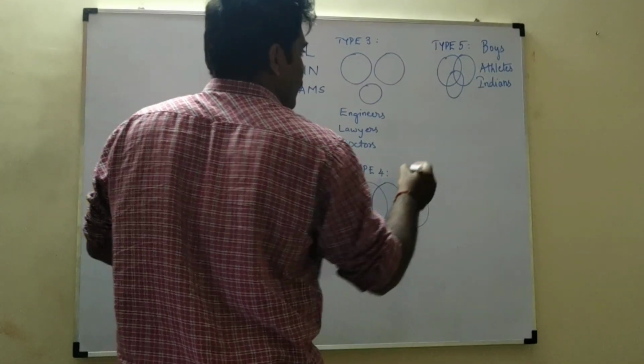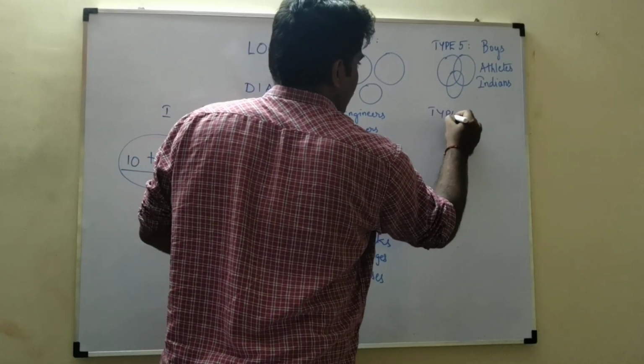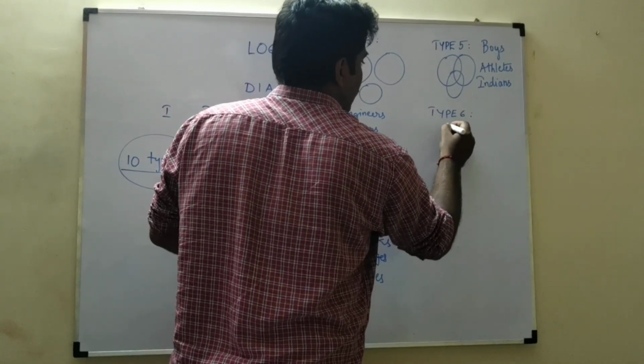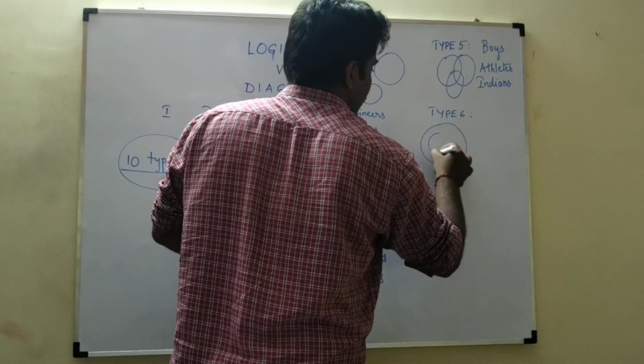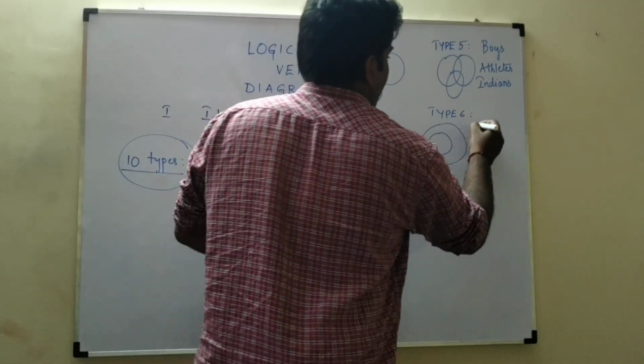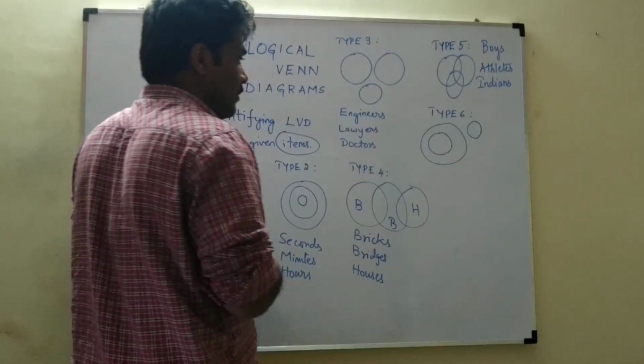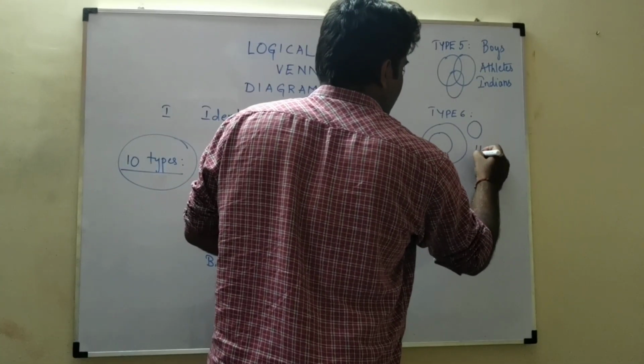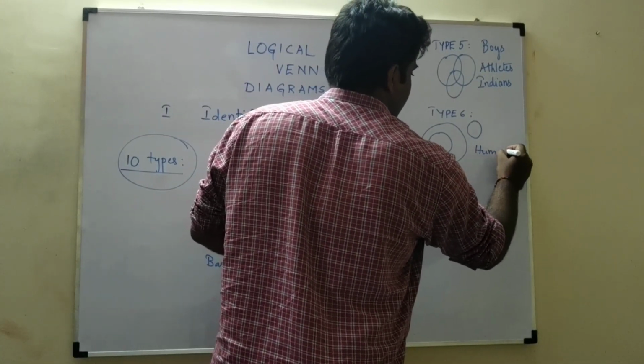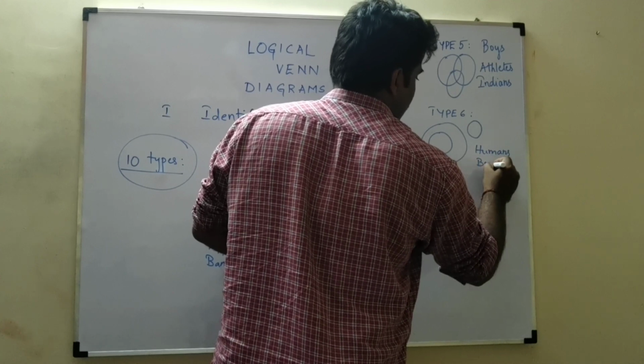Then type 6, where one item belongs to another and the third one is entirely different. You can use the example of humans, boys, parrots.